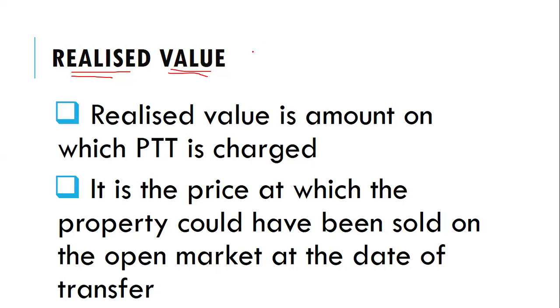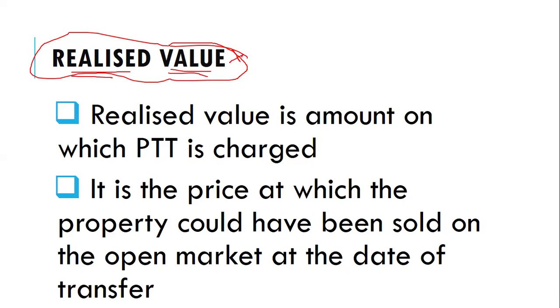So property transfer tax, let me emphasize, is charged on the realized value. So you need to identify which one is the realized value. When you identify the realized value, then you charge the property transfer tax. Now, if you recognize the wrong realized value, even if you charge property transfer tax on that amount, it's wrong.